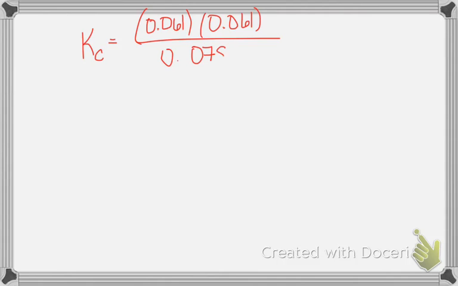But I've got to remember that I square that, right? Because the coefficient of HI was 2. 0.612? Yes. Is that what y'all got?